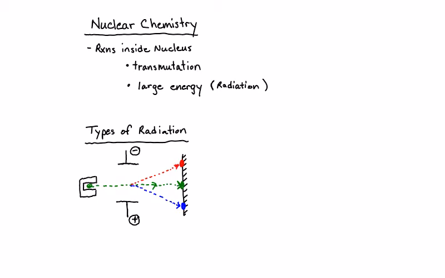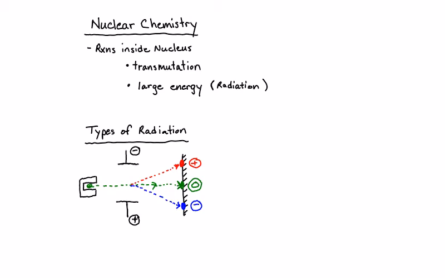So if you think about this, the stuff that's being pulled closer to the negative charge must itself be positively charged. The stuff that is pulled closer to the positive charge must itself be negatively charged. And the stuff that's staying in the middle is not being affected by the charges, so it must not have any charge at all.